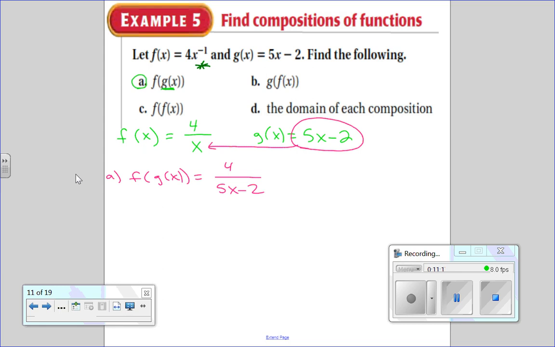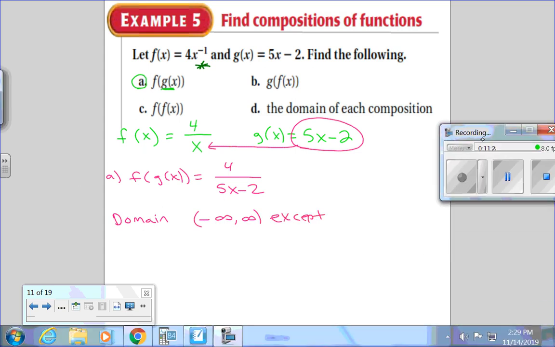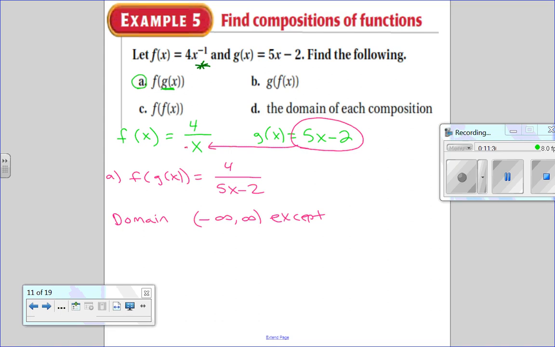Let's talk about what the domain would be. So you are allowed to divide by all numbers in the whole entire world, except you're not allowed to divide by 0. And if I had a 0 in this original function right here, that would have been bad, so we want to exclude 0. But we also want to exclude one more number. See this denominator?